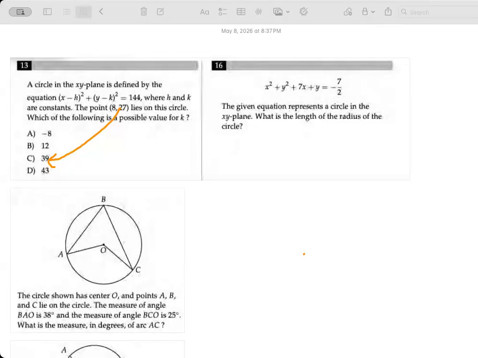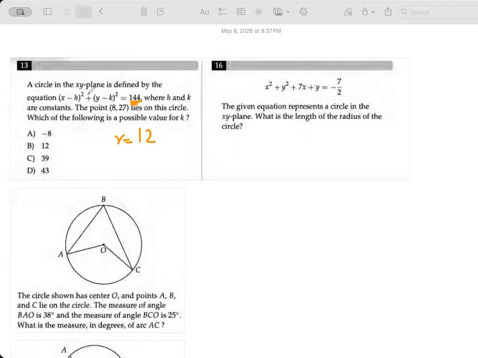So wouldn't you have to plug all the numbers into the k value? Very nice. Yes, Ananya. That's the methodical way of doing it. But I really like Shreya's idea. See what she did. 144, she found the radius as 12.